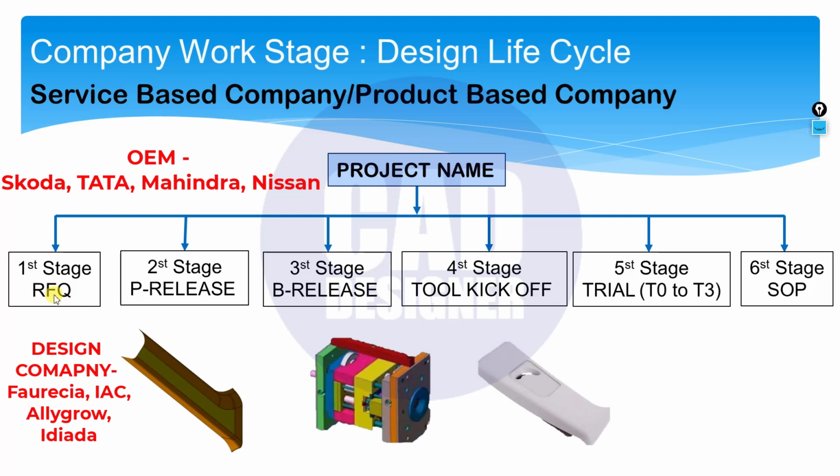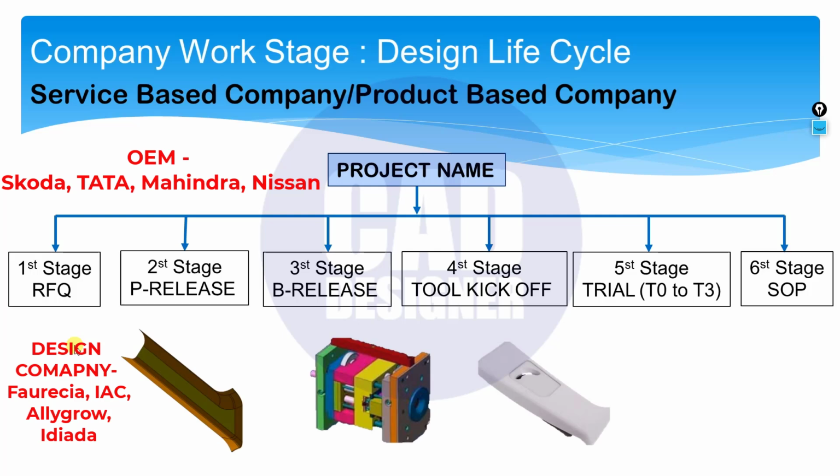So this class A surface is shared with the design companies, like Tata Technologies, Apple Sierra, Forvia, ISC, Alten. Suppose Skoda is the OEM we consider here, and they share their pillar class A surface with Forvia, ISC or Alten.